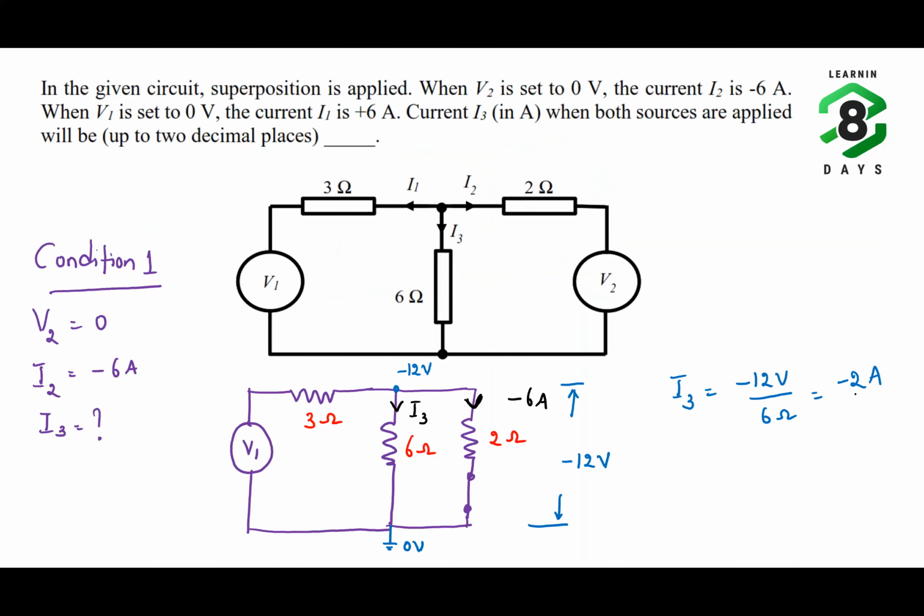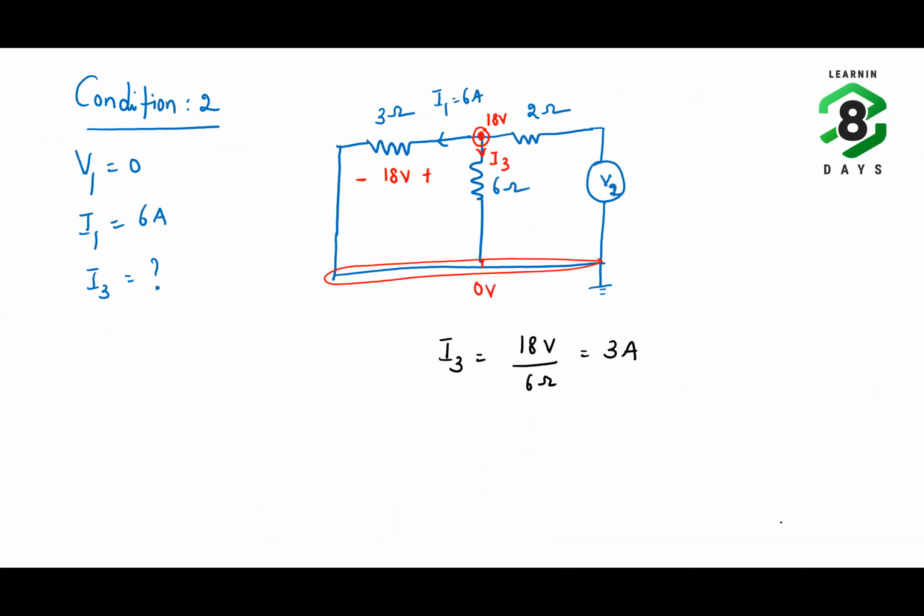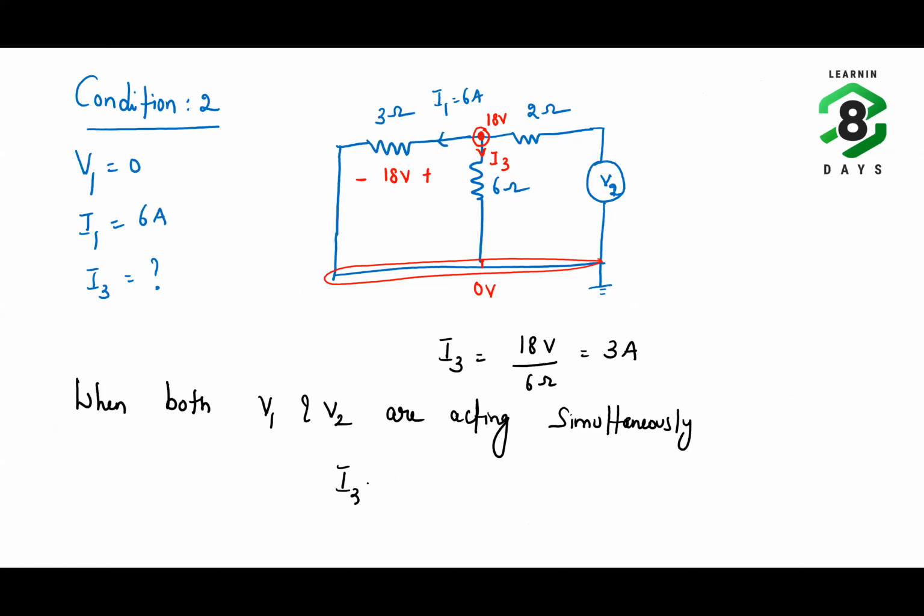So I3 because of the V1 source is minus 2 ampere, I3 because of the V2 source is 3 ampere. So when both V1 and V2 are acting simultaneously, your net I3 will be the algebraic sum of the two responses, that is minus 2 plus 3 ampere, which will be 1 ampere.